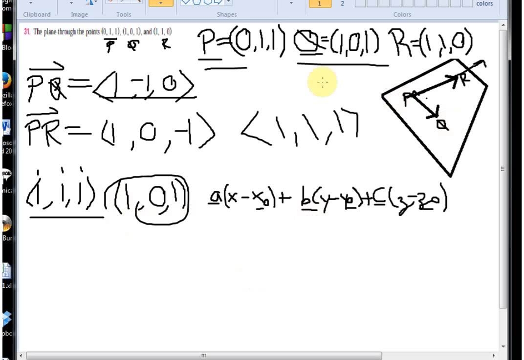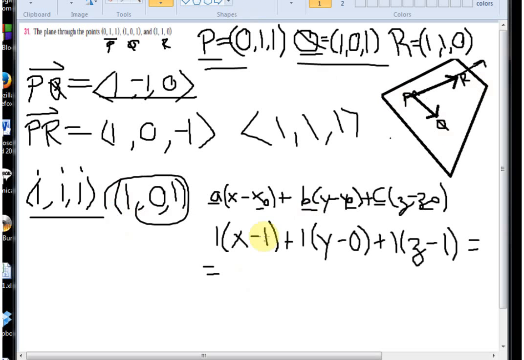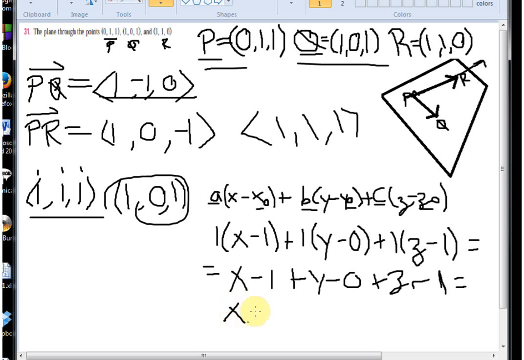So with everything plugged in, it looks like this: x minus 1 plus y minus 0 plus z minus 1. And if we collect all the terms and put everything together, we get x plus y plus z is equal to 2.